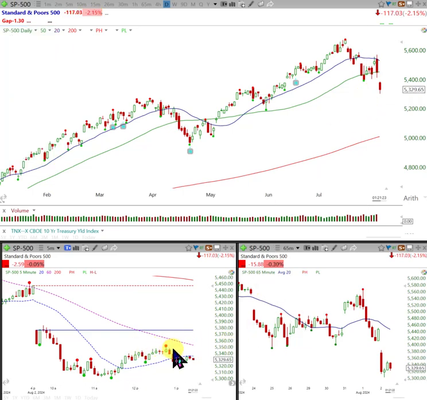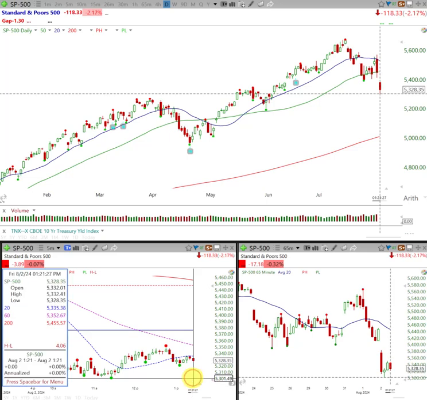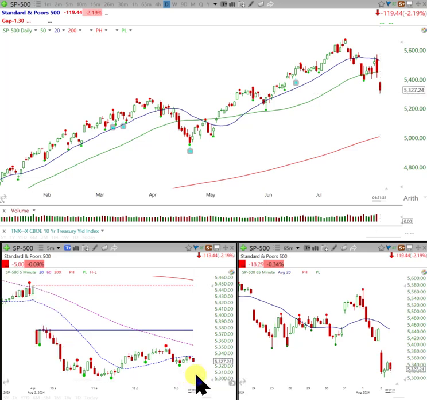Again, the 5-minute chart here looks like it's rolling over. It might hit 5,300, and a lot of times it'll poke underneath it a bit and then flip right back up again. So from a day trading point of view, that's something I'm keeping an eye on to see if that happens. Right now, this looks like it's going to roll over. You could use one of the leveraged ETFs or the futures to take advantage of that.